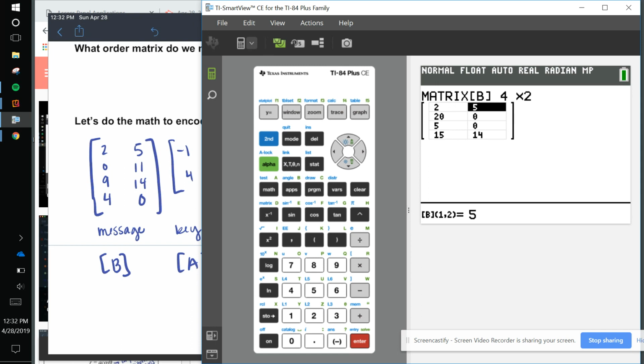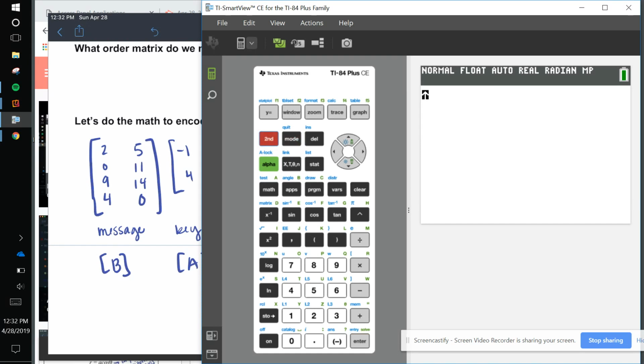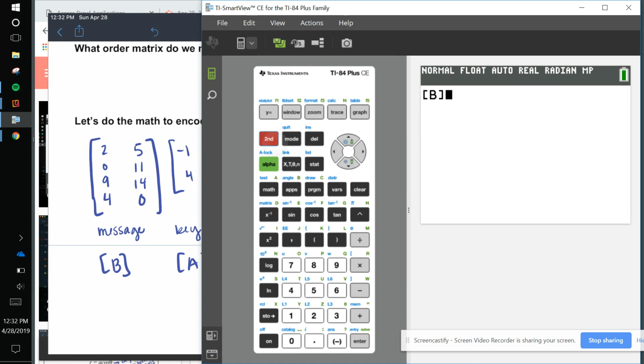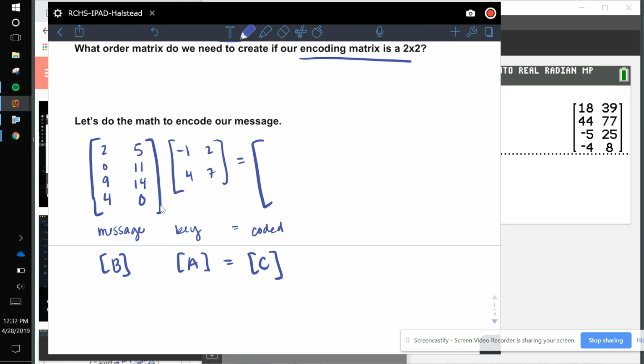So we get 2, 5, 0, 11, 9, 14, 4, and 0. And then I'm going to go ahead and just multiply B by A. So matrix B, the message, times the key, giving us our coded message. So our coded message would be 18, 39, 44, 77, -5, 25, -4, and 8.